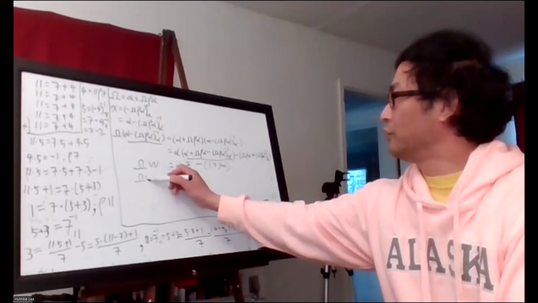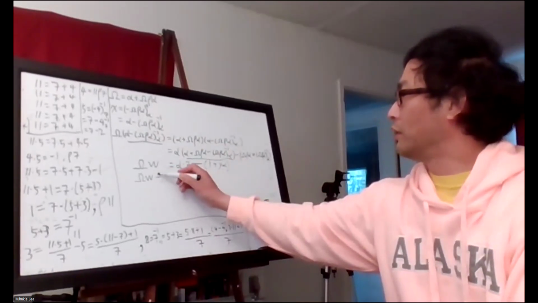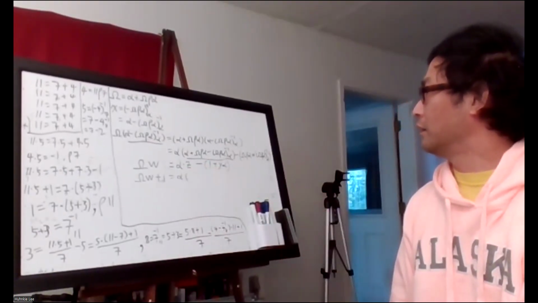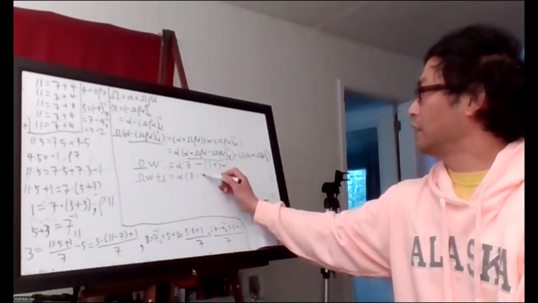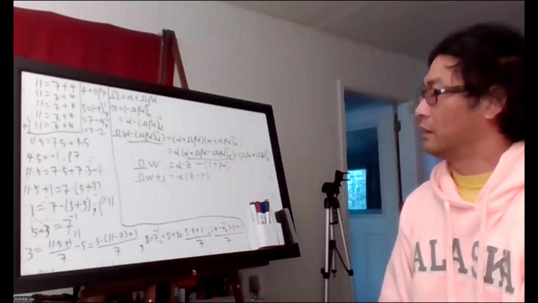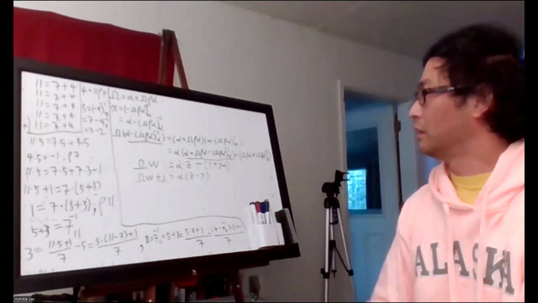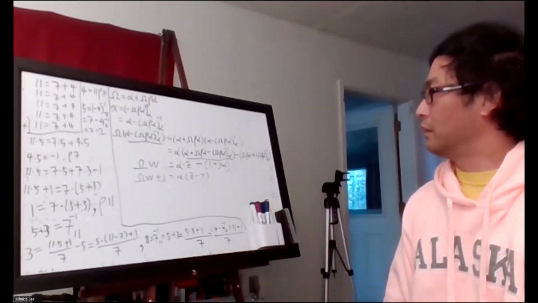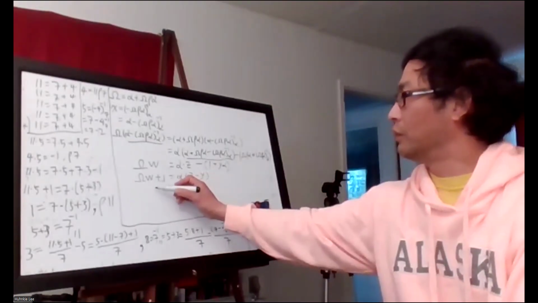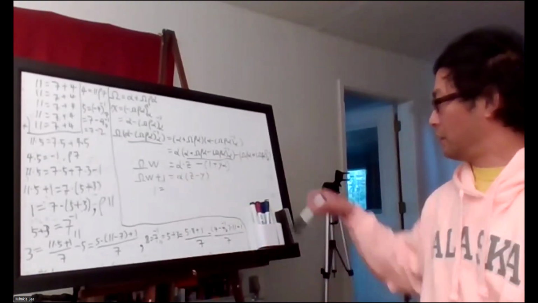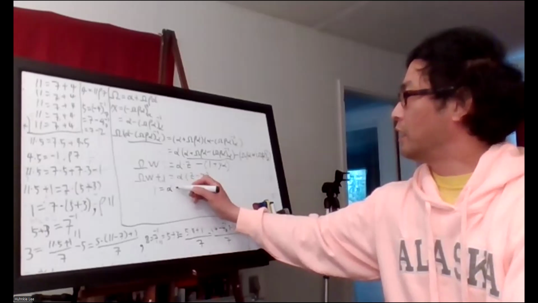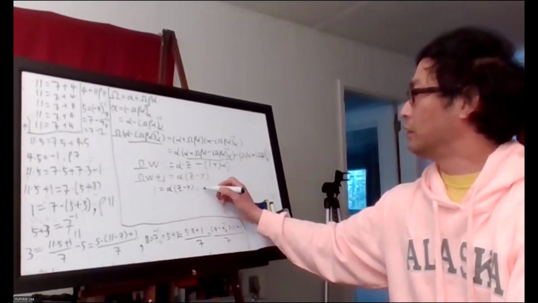So omega W plus one is equal to alpha times Z minus Y. And if we apply rho omega, so one is equal to alpha times Z minus Y rho omega.